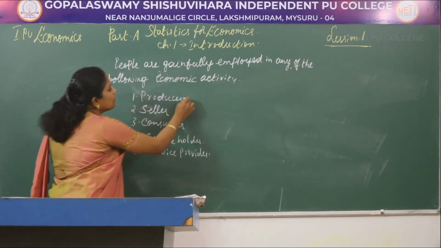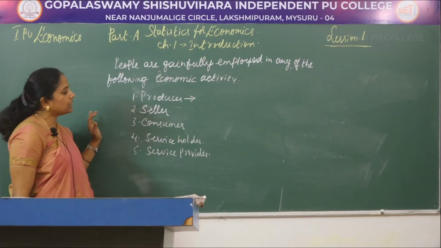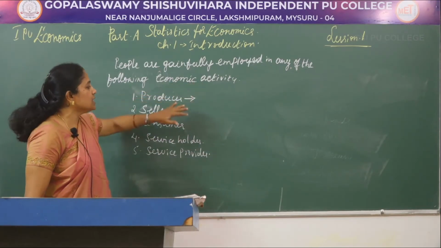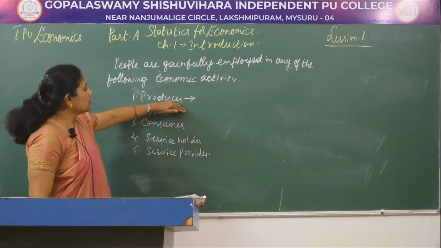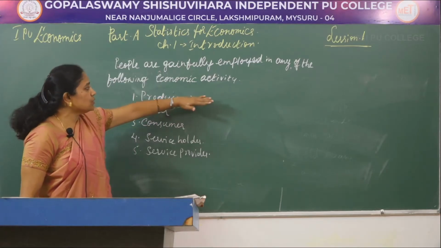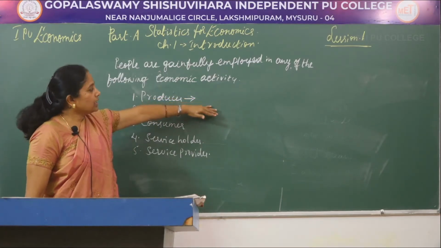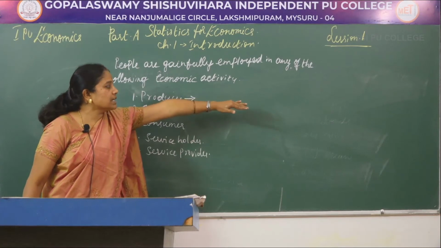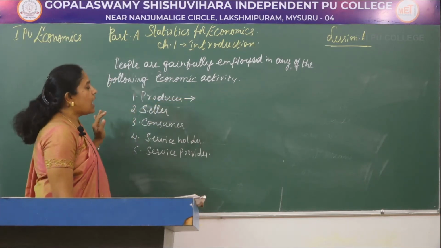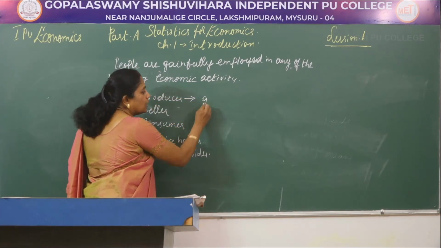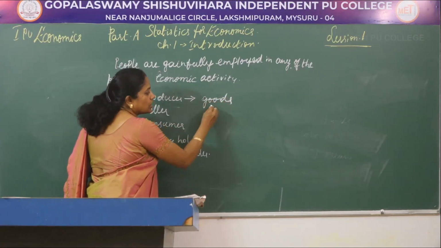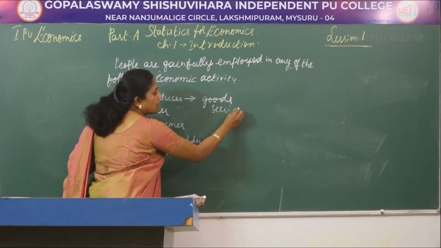Because we have the producer here, the major sector of economic activity is the production sector. So the producer is into the economic activity. He transforms the raw materials into finished products. Either he may produce goods or he may generate some kind of services.